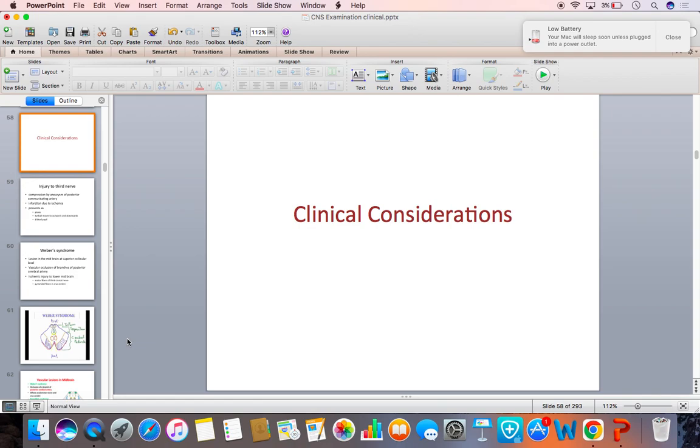Lesions in this part of the blood supply will result in ischemic injury to the midbrain, thereby resulting in various clinical situations that we are going to touch upon now.